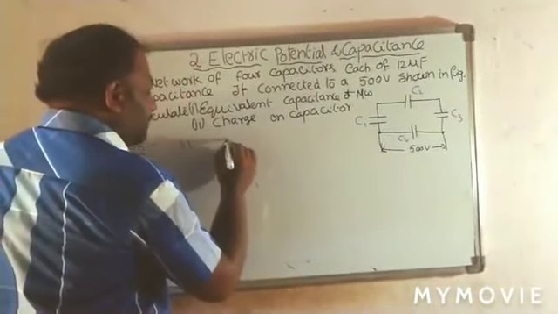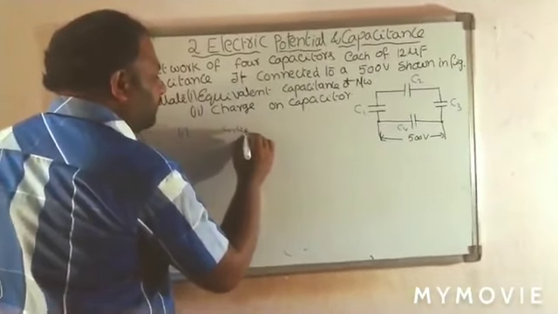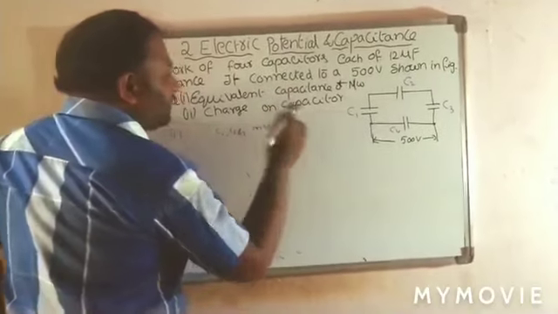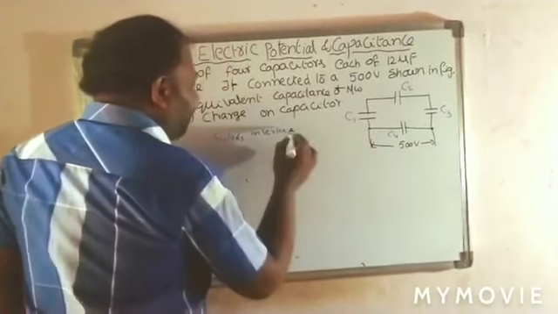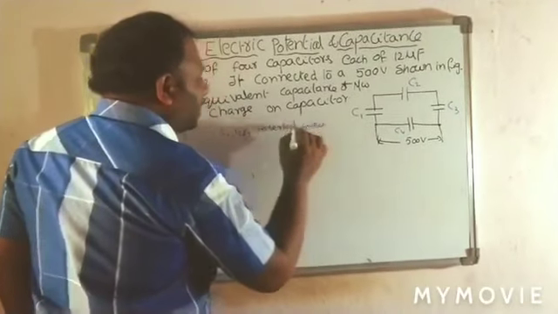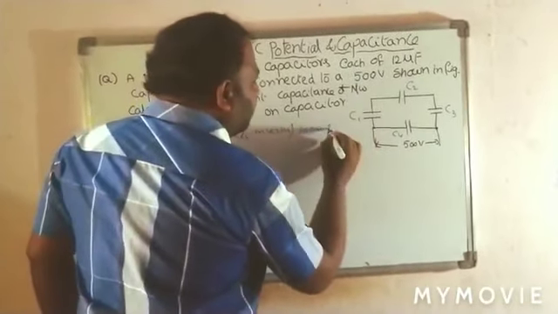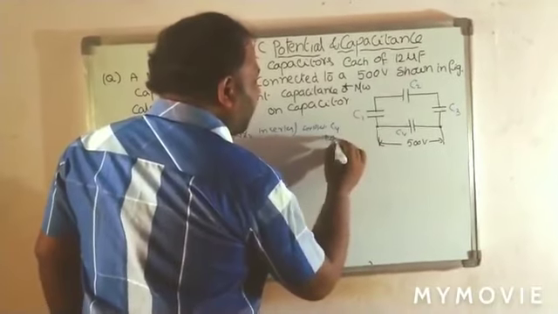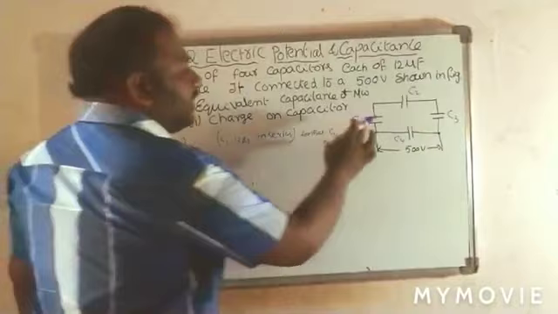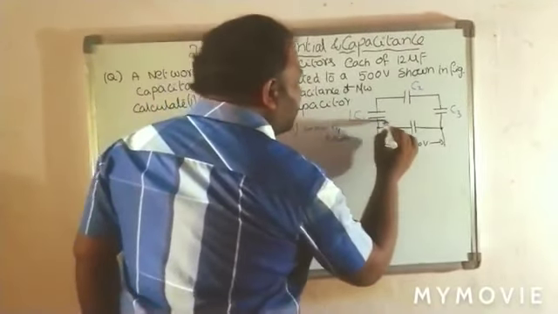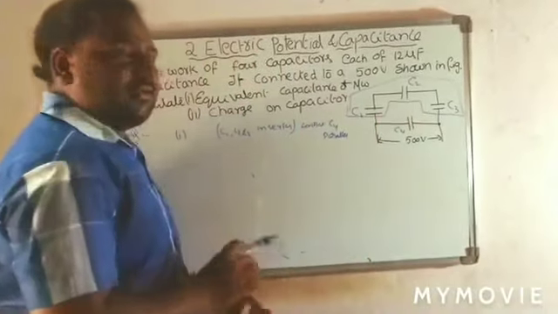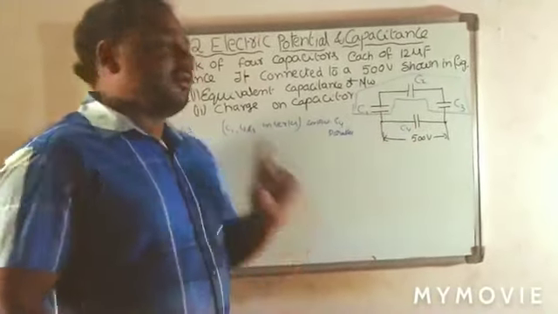For that combination, the capacitor C4 is in parallel. Clearly observe here, these 3 capacitors C1, C2, C3 are in series, and for that combination C4 is in parallel.